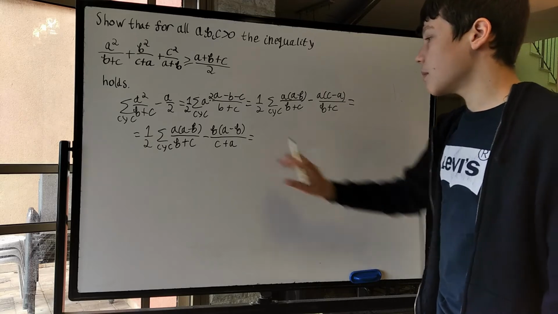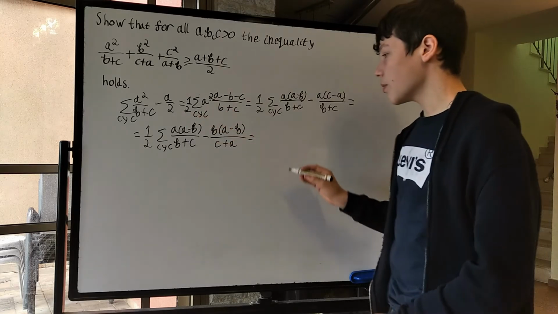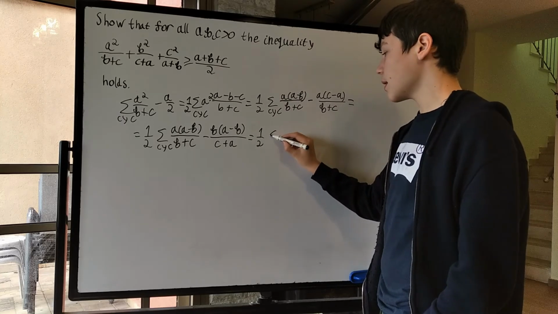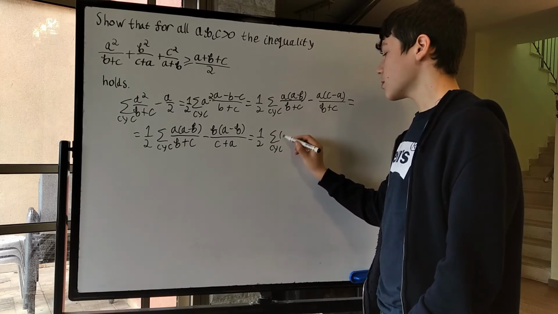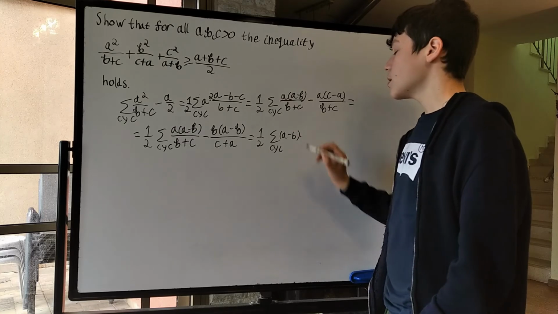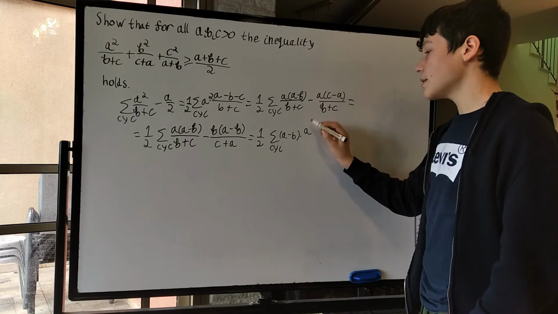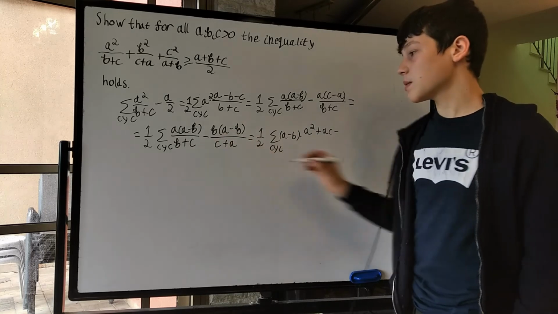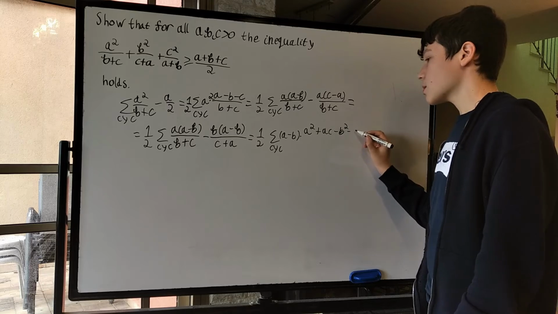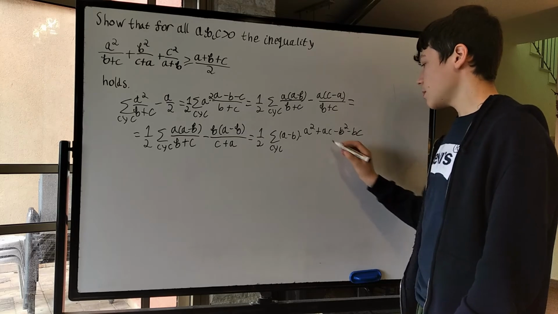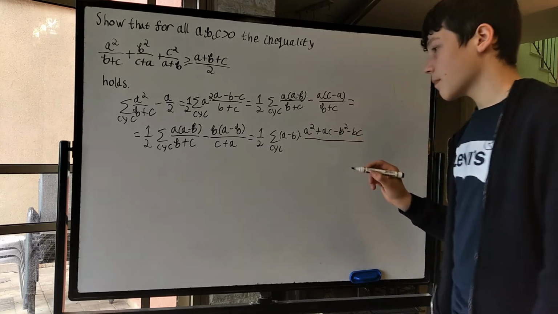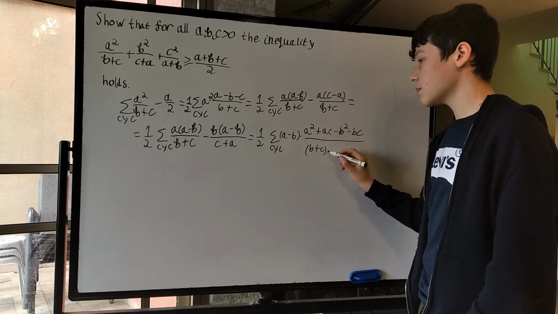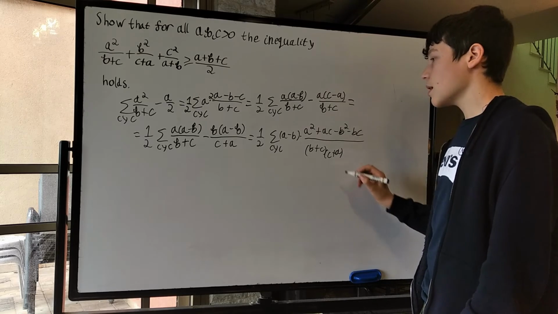And now we will combine these numerators, and notice a minus b is a common factor, so we'll be able to take it out quickly. So this is (a minus b) times the fraction a times (c minus a), which is a squared plus ac, minus b times (b plus c), which is minus b squared minus bc. And in the denominator we have (b plus c) times (c plus a).